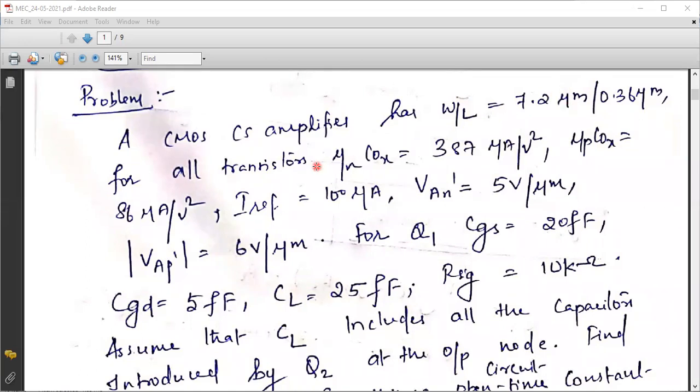For all transistors, mu n Cox is equal to 387 microampere per volt square, mu p Cox is equal to 86 microampere per volt square, and IREF is equal to 100 microampere.